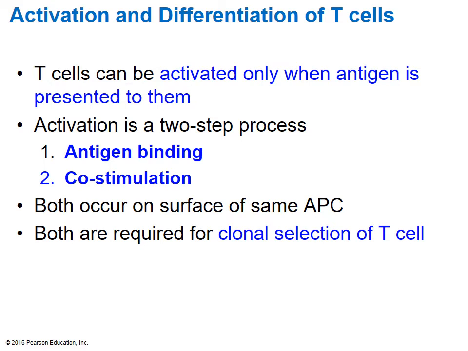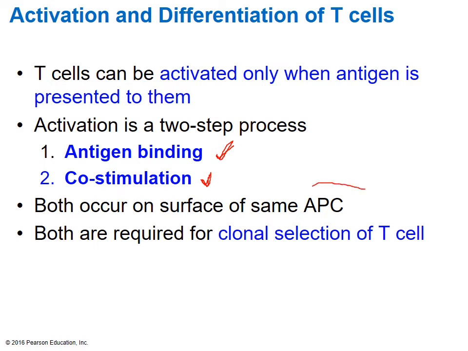In order to activate the T cells, there is a two-step process. We need to get antigen binding completed, which is the physical interaction between the antigen and the naive T cell. And then we need co-stimulation. That's almost like a double check. We have to make sure that we are indeed recognizing a foreign entity.